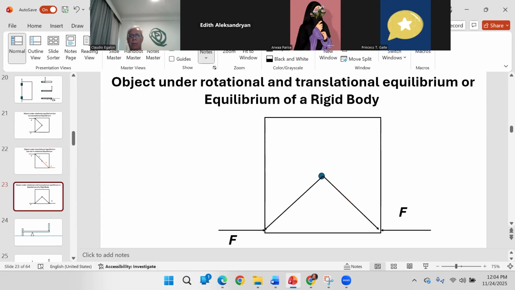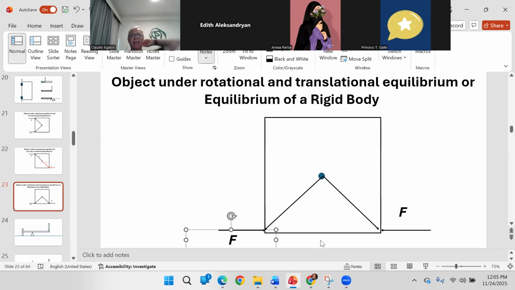What about this one? In this case, the object is in translational equilibrium because this force is countering this other one, but it's also in rotational equilibrium because this force is applying a clockwise torque, and this other force is applying the same torque counterclockwise.